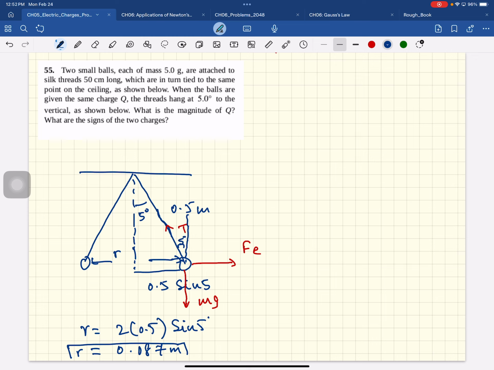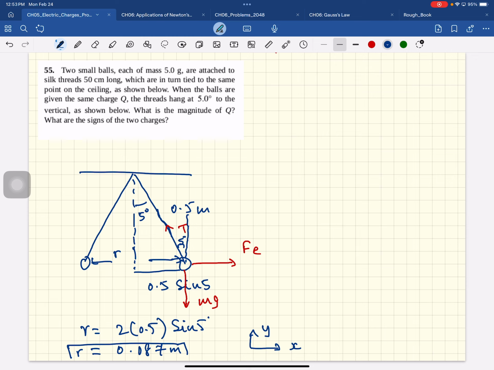All right, so you can see that the x component of the tension is balancing that force, and the y component of the tension is balancing this force. Okay, so let's do that. And by the way, our x and y axis are like that.